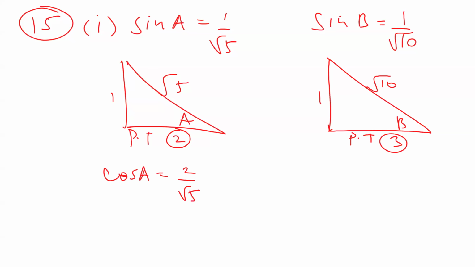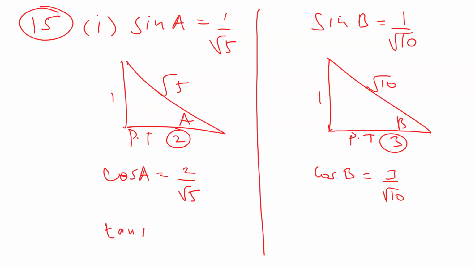That is also in the first quadrant. And cos B is equal to 3 by root 10. First quadrant, so both are positive. And for the safer side, I'll just calculate tan A and tan B as well. So tan A is equal to half and tan B is equal to 1 by 3.